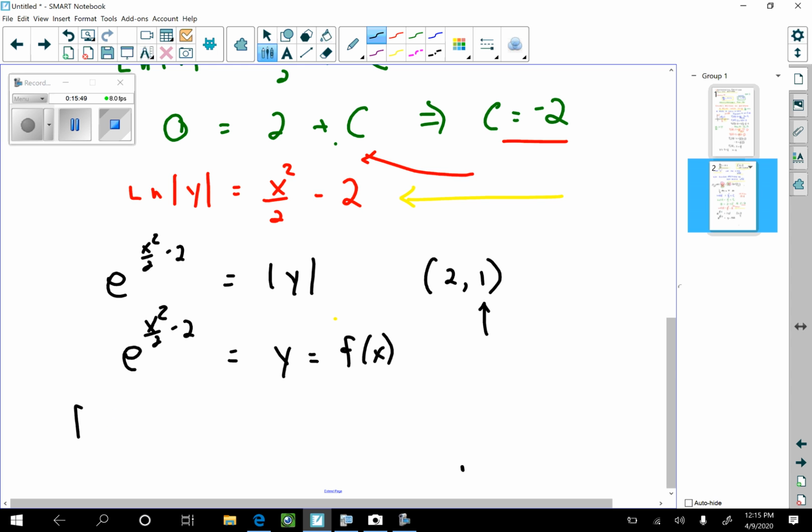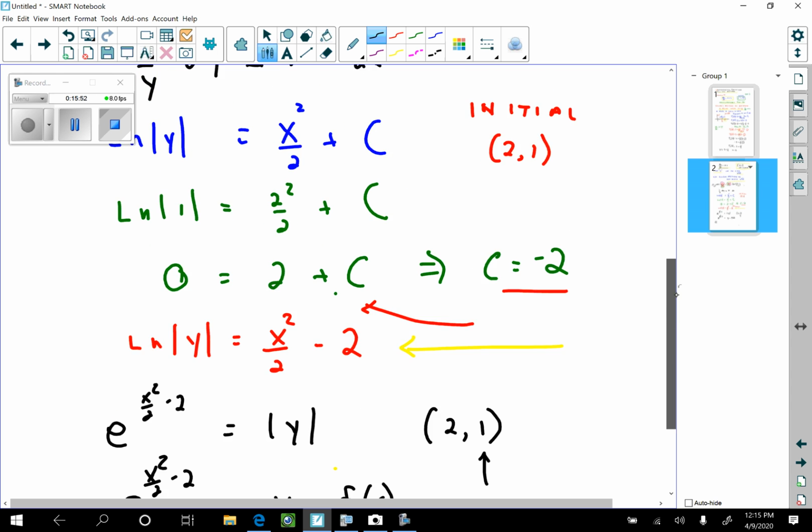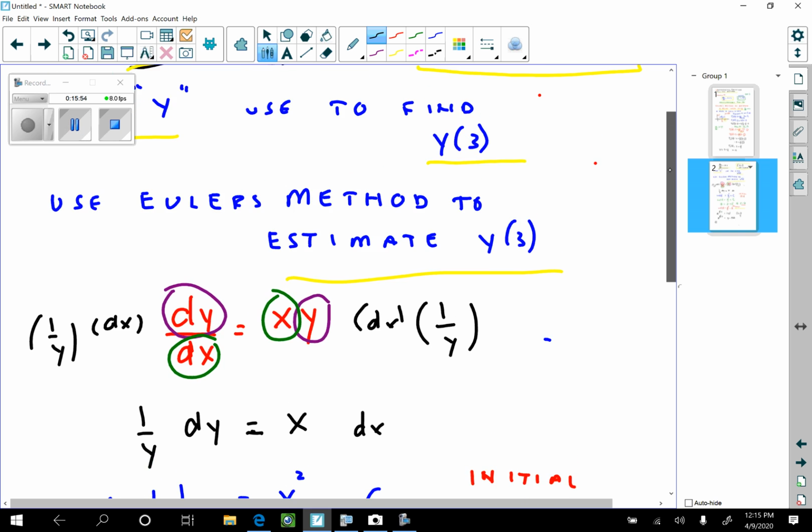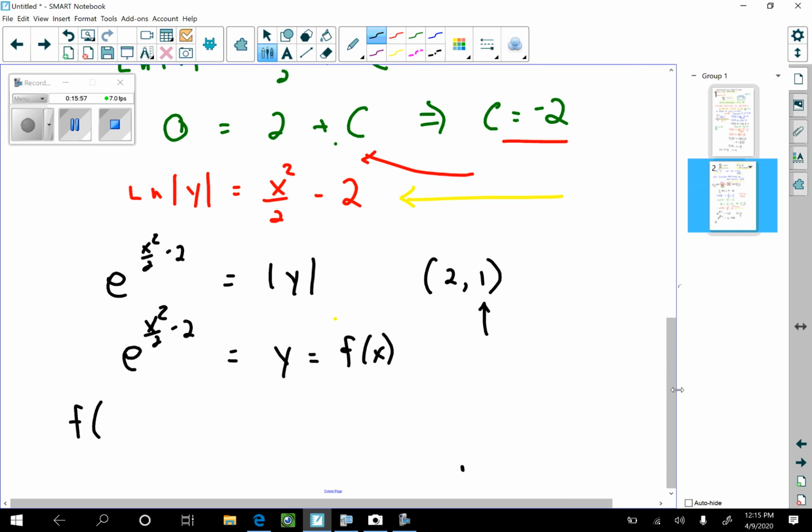And if I want to find f of 3, and that was my objective, remember, if I come back here, my objective was to find y of 3. I'm just going to put 3 in for x, and I have e to the 3 squared over 2 minus 2, and that is going to equal whatever that is.